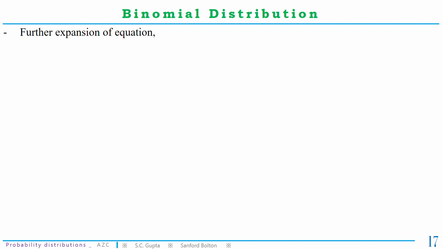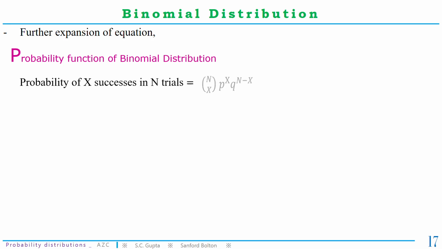Further expansion of equation. The probability function of the binomial distribution is given as the probability of x successes in n trials, given here, where n choose x equals n factorial divided by x factorial times (n minus x) factorial.